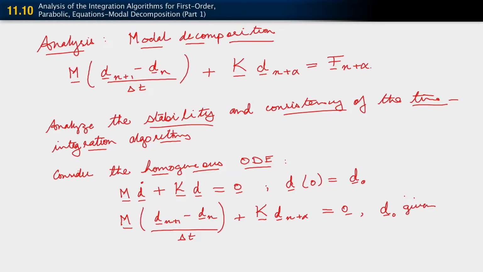The first of those equations that I just wrote is the time exact homogeneous ODE, and the next one is the time discretized version using the Euler family.